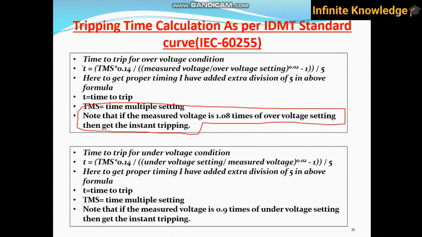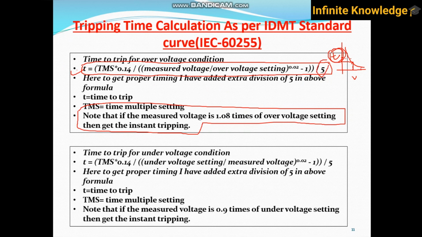This is a formula, and according to it we are calculating the time to trip. It is a correct IDMT characteristic: at a particular voltage level, the time required to trip the circuitry is defined by this formula. So each and every level has a different time to trip, and that is calculated by this formula.